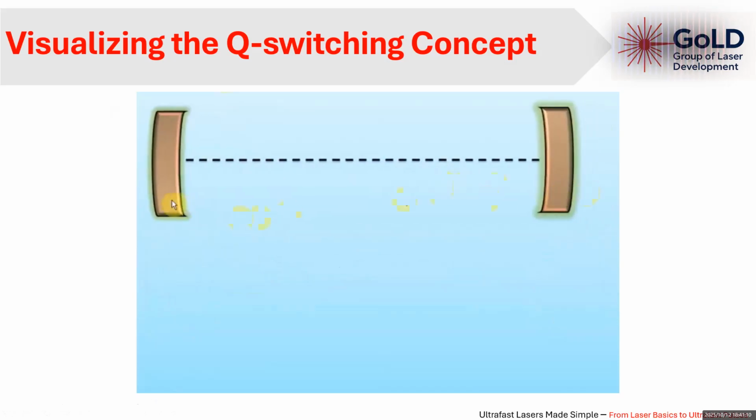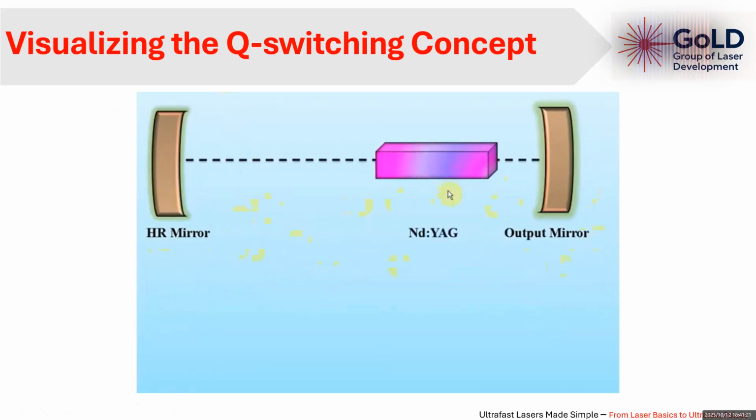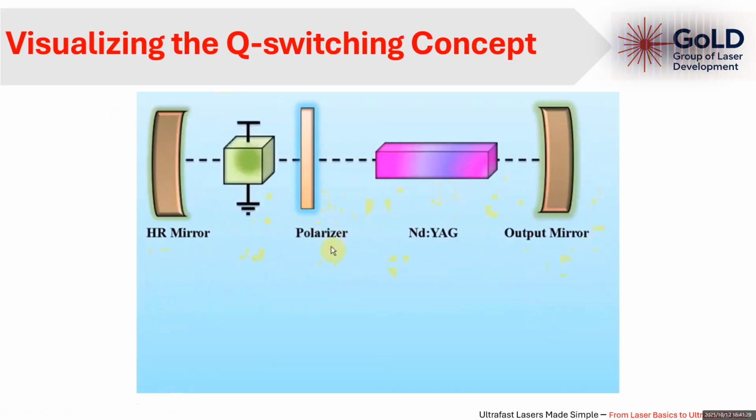This is your cavity, okay, and you have the output mirror and HR, highly reflecting mirrors, and you have the gain medium, the laser medium, which can be Nd:YAG, and then you have a polarizer here, and then you have an electro-optic device, the so-called Pockels cell, and pumping is starting now.